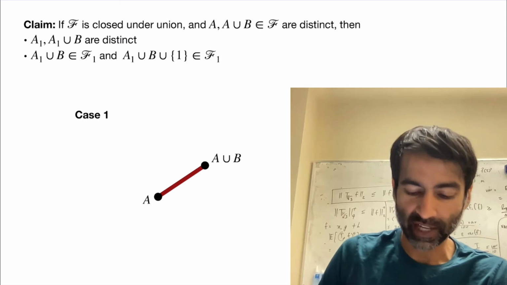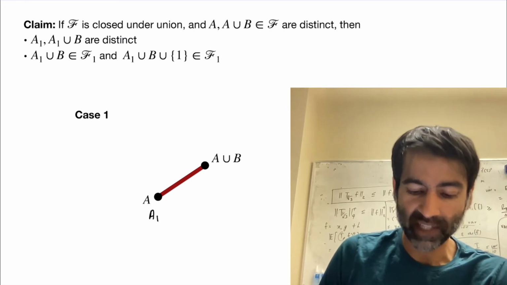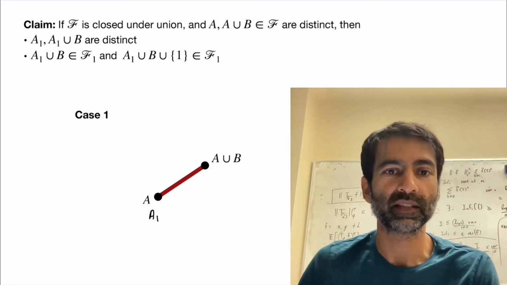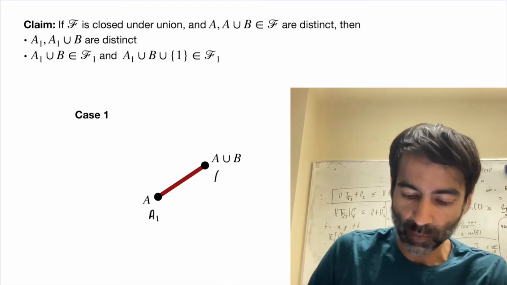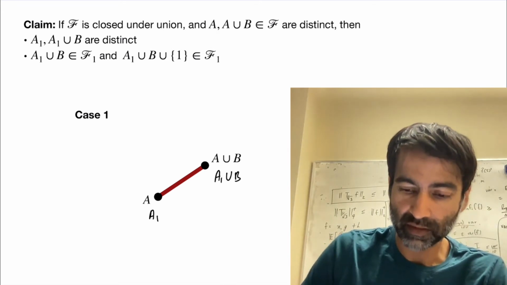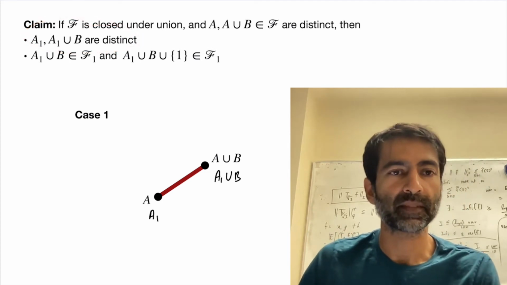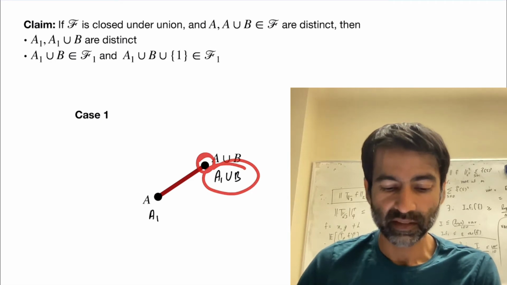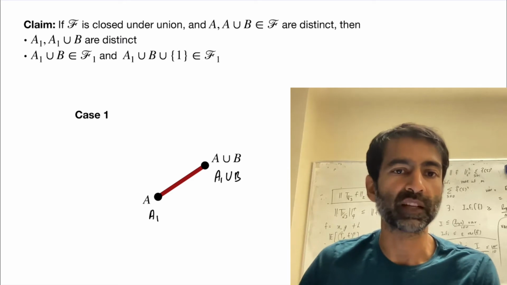When you try to add 1, A1 remains in the same location as A. And then it has to be the case that A1 is here and A1 union B is up here. So you see that A1 and A union B remain distinct. Moreover, A1 union B is in the family F1, and A1 union B union 1 will also be in the family F1.